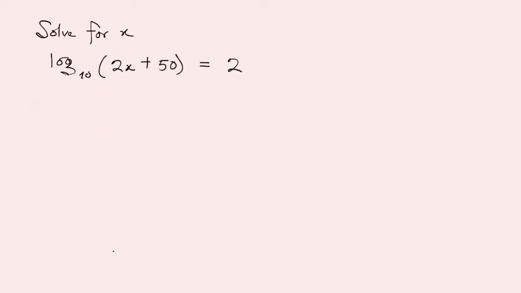Let's move on to other things. To solve this particular equation, let's remind ourselves of the fact that if we have a raised to power n is equal to x, we had said that we can rewrite this as log to the base a of x is equal to n.